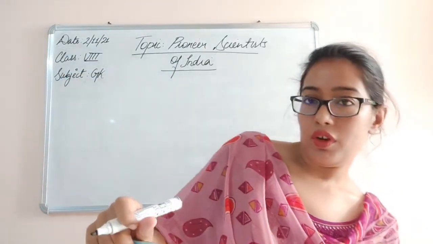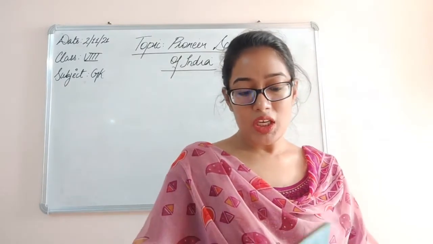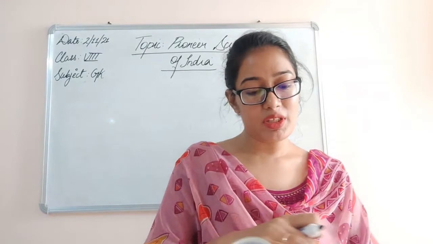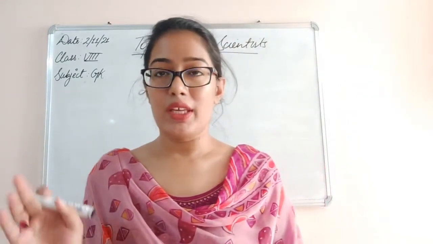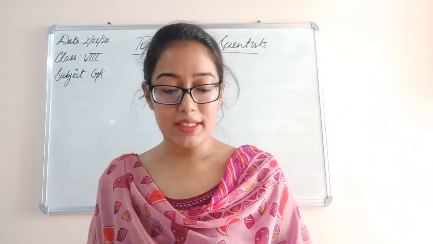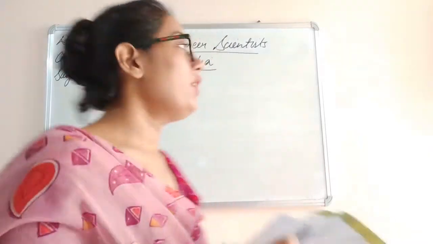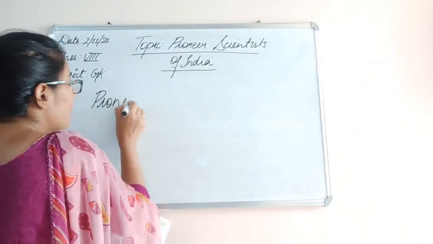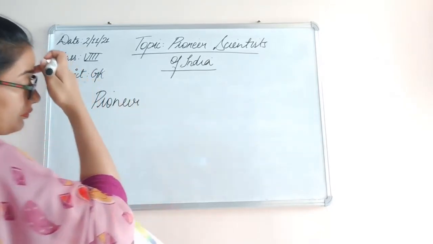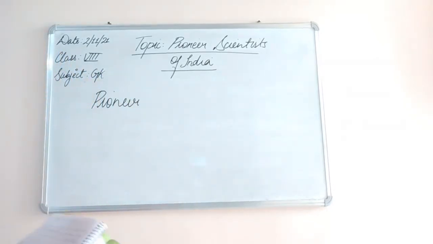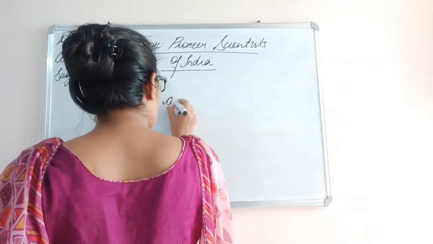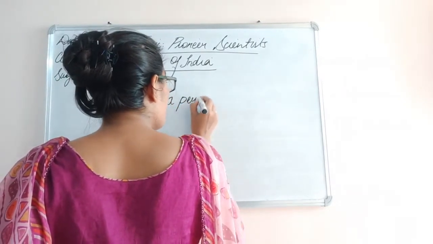Now, first of all, the names of all the scientists described in the circles have been given. Okay. So this is the exercise. First of all, write down what you mean by pioneer. It is a person.